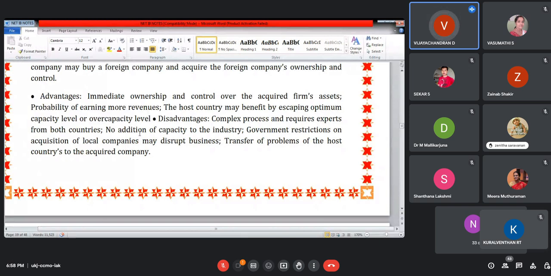Without any feasibility, without analyzing the business, if you are doing the merger, the business will be put in trouble. So you have to see this beforehand, before you do the merger. These are the advantages and disadvantages in the case of a merger.